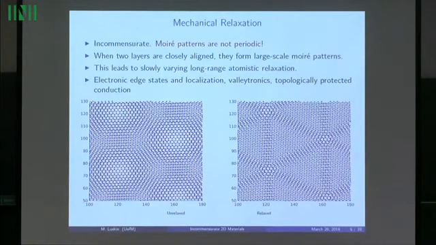So what we see here is what we compute as the minimizing state with our model. We still have the same Moiré length scale, but this is like our BA or AB region, and that's the low energy state.